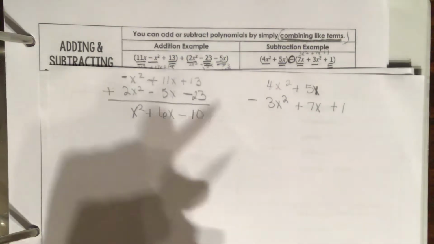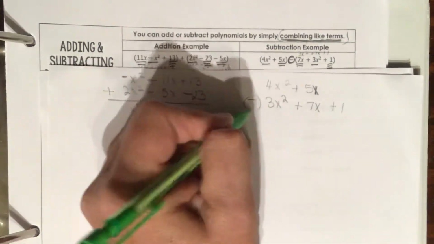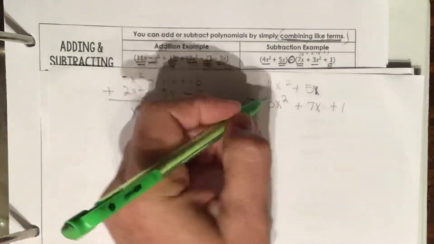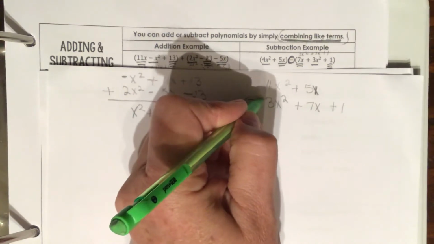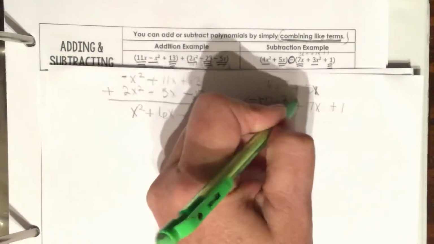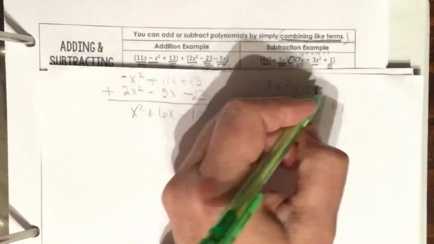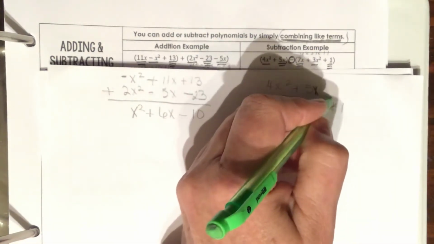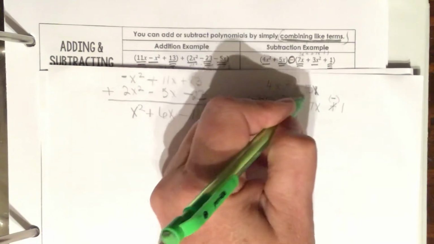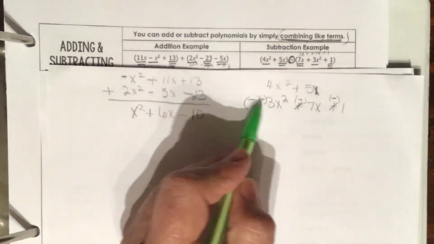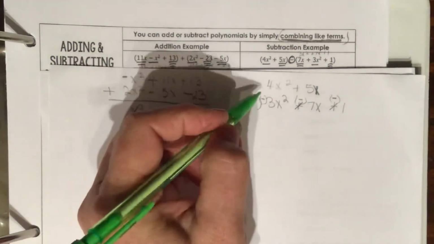Does everybody see that? Now, because we are subtracting, your signs are going to change. So if this was a positive, this is going to be a negative. If this was a positive, it's going to change to a negative. If this is a positive, it's going to change to a negative. So do you see how I changed everything here? Because I'm subtracting.